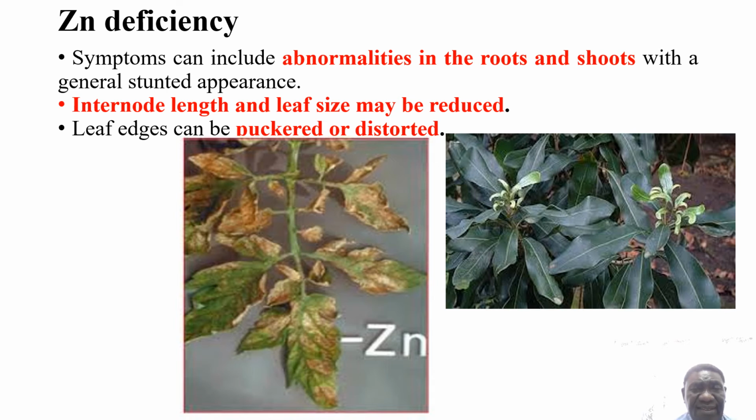Again, zinc deficiency on tomatoes. Symptoms can include abnormalities in the roots and shoots with a general stunted appearance. Internode length and leaf size may be reduced. Leaf edges can be crinkled or distorted.